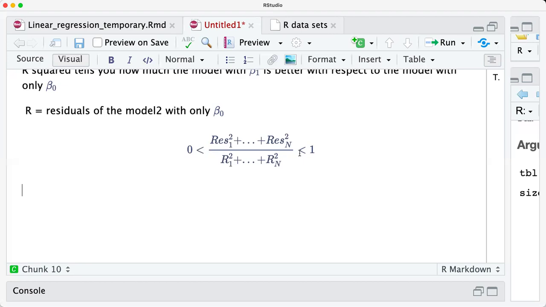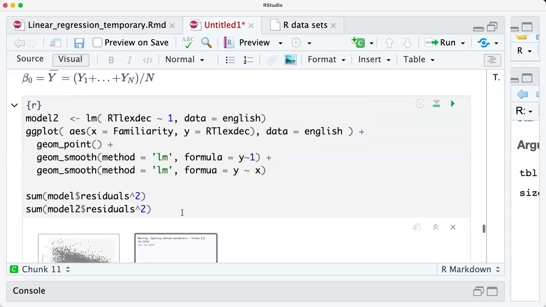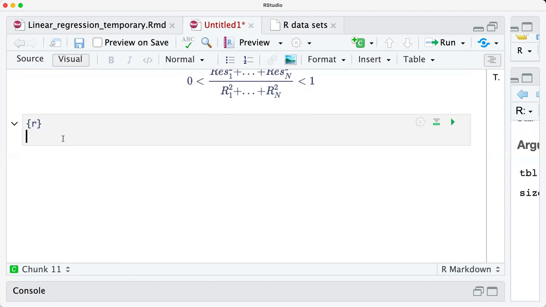Exactly. So if the residuals are more or less similar, beta 1 doesn't help you. So let's simply compute this division and then subtract it.